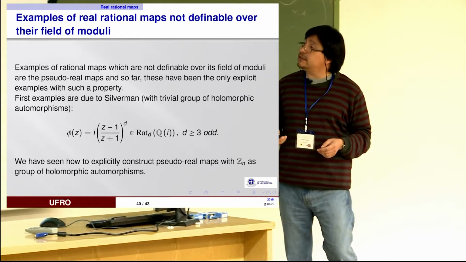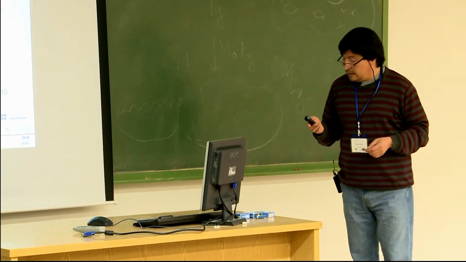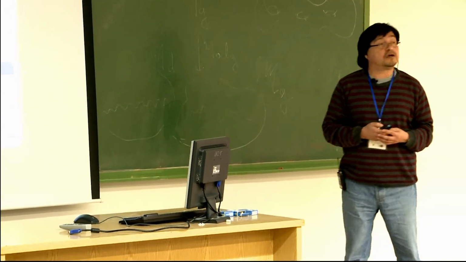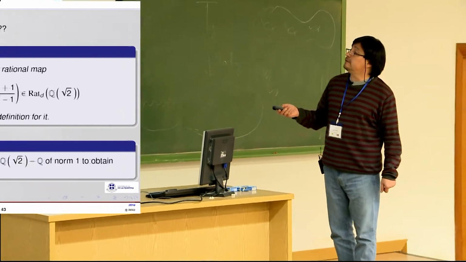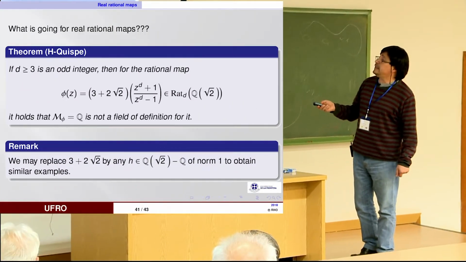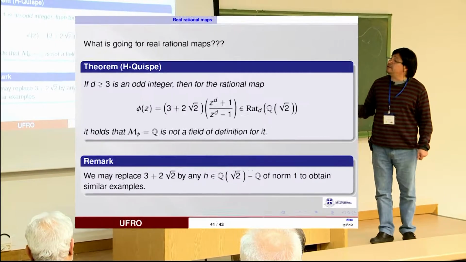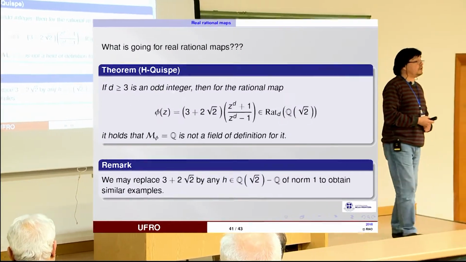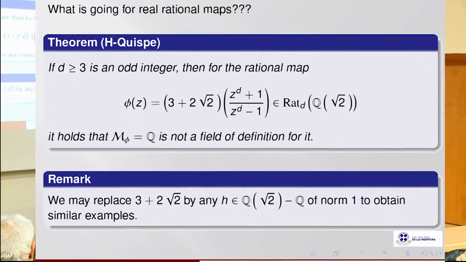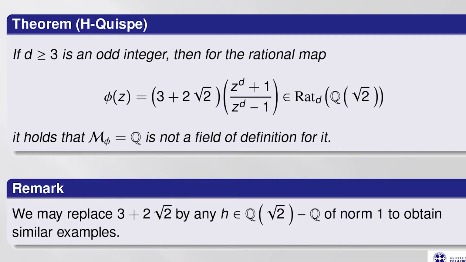And the answer is yes. So, for example, there are rational maps of odd degree D, which are defined over a real quadratic extension of Q, that have field of moduli Q. And we show that these cannot be defined over Q. And this has nothing to do with holomorphic or anti-holomorphic automorphisms in this case.